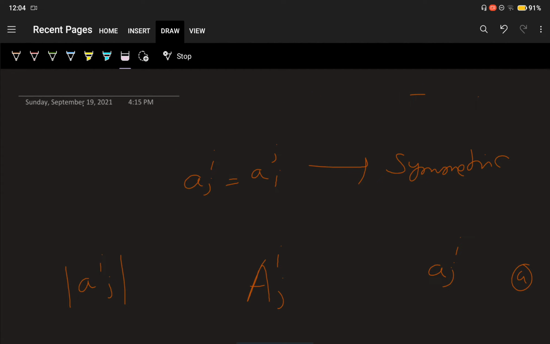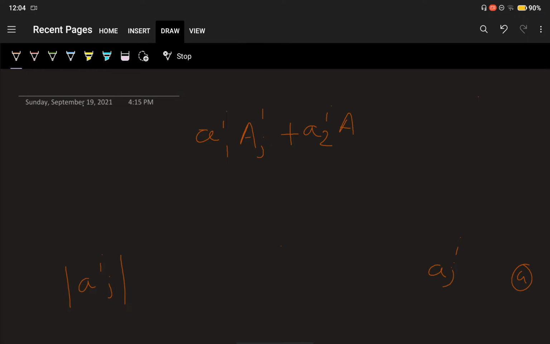So that can be written as a_i1 A_j1, where capital A_j1 is the cofactor of a_ij, plus a_i2 A_j2 and so on plus a_in A_jn equal to the determinant of the matrix times delta ij.